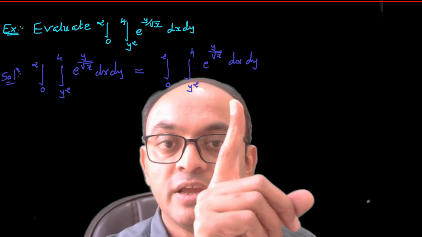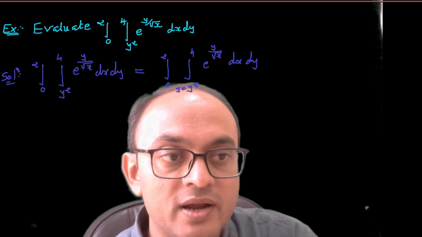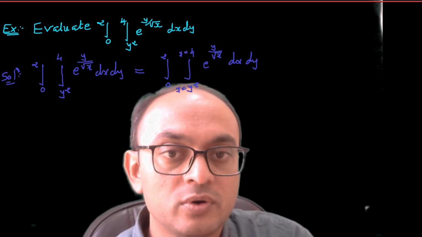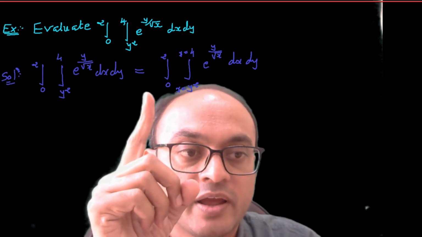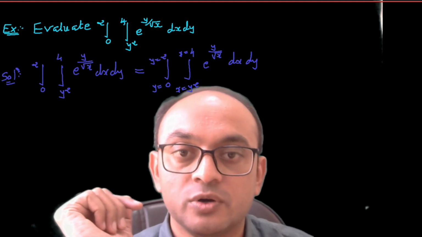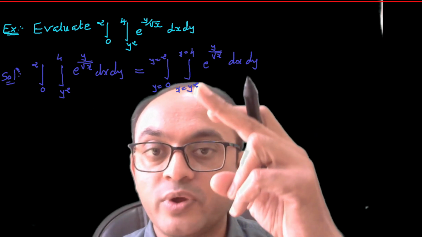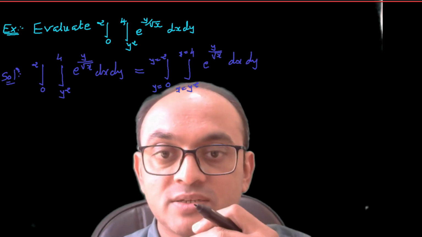So here the inner limit of x is x is equal to y square, x is equal to 4, and the outer limit of y, which are the constants, y is equal to 0, y is equal to 2, right? So here first I have to integrate this integral with respect to x.